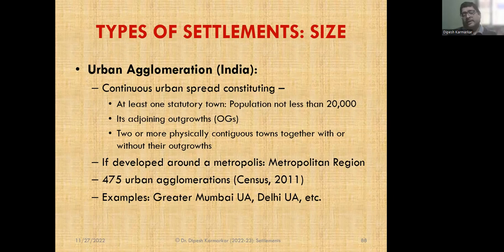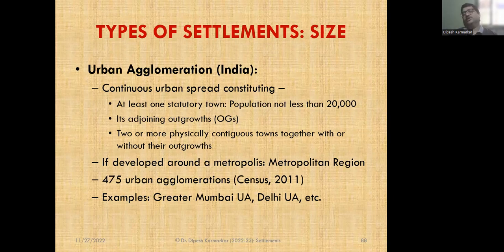It also includes the adjoining outgrowth. The old town, when its population increases, starts expanding outwards, and such outgrowths of the towns are also included in urban agglomeration. Similarly, other than that one statutory town, more than one town located in the physically contiguous regions around are also included in urban agglomeration.